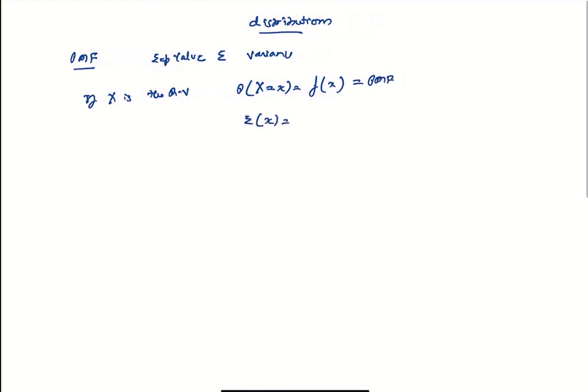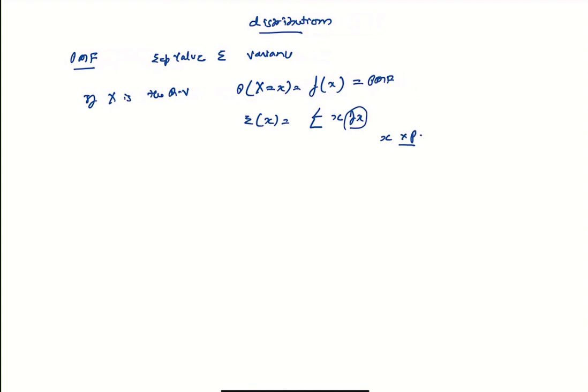The expected value of x is the sum of x times f(x). Whatever the PMF of x is, you just sum all those values to get the expected value of x.